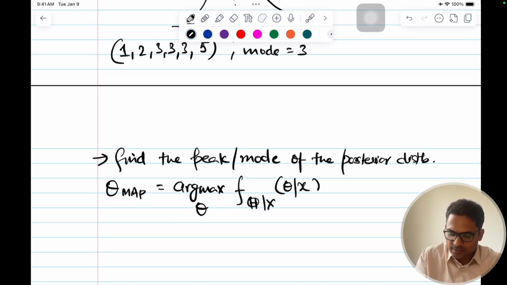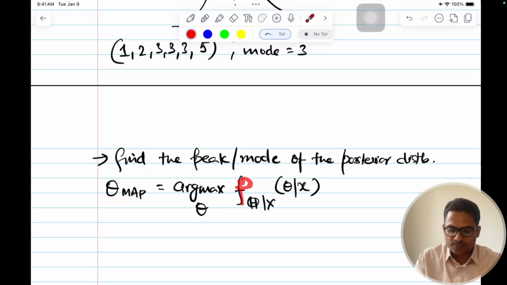This will be f or p depending upon whether it's continuous or discrete. If it is continuous, I'll use f, and if it is discrete, I'll use p. So this is my posterior distribution.